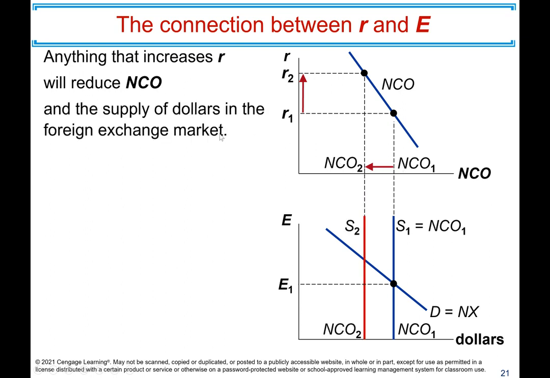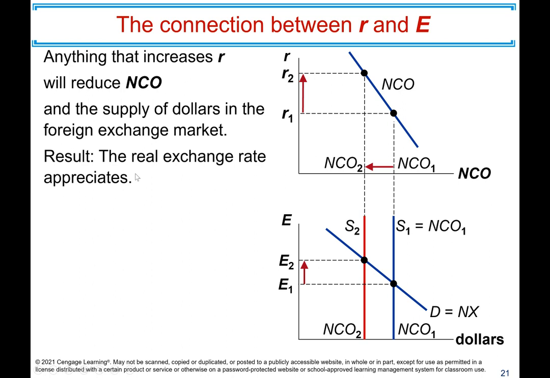And the supply of dollars in the foreign exchange market, the NCO will shift to the left in the dollar market. The result: the real exchange rate appreciates from E1 to E2.